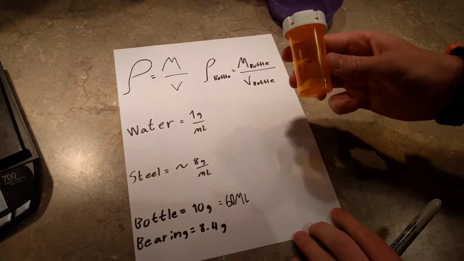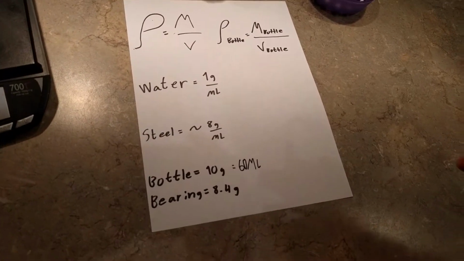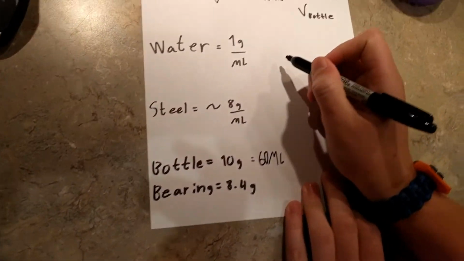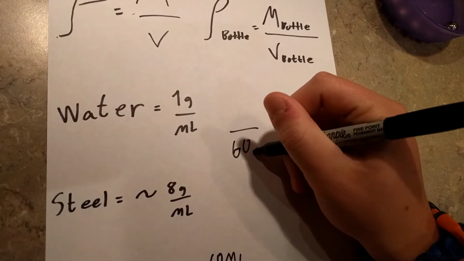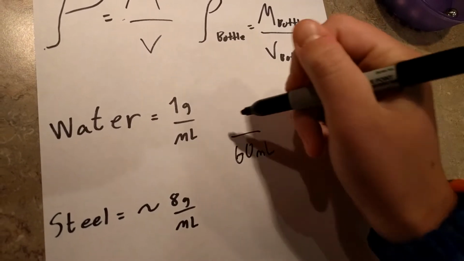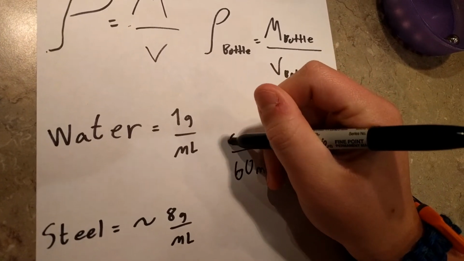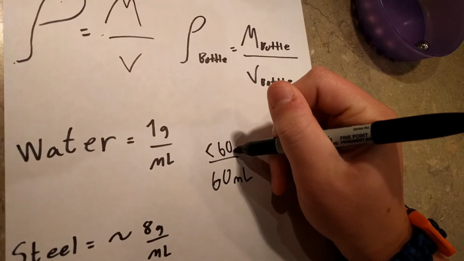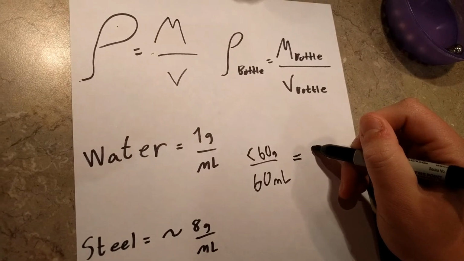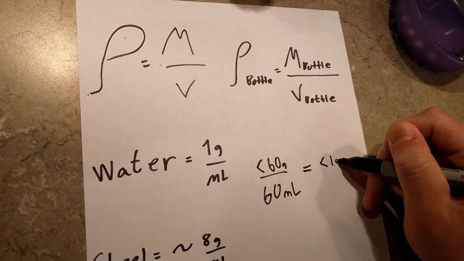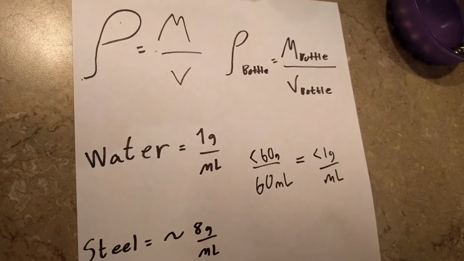So if I want to make sure that this bottle is going to float in water, with its volume fixed at 60 milliliters, I want to make sure that its mass is less than 60 grams, which would give it a density of less than 1 gram per milliliter, which would cause this bottle to float in water.